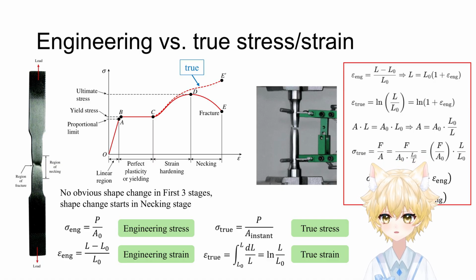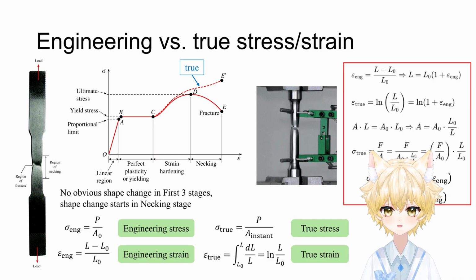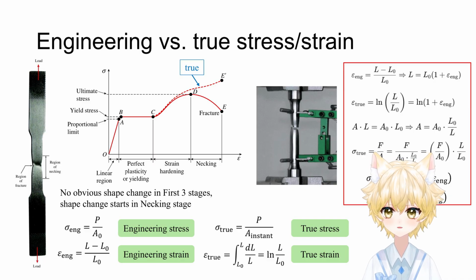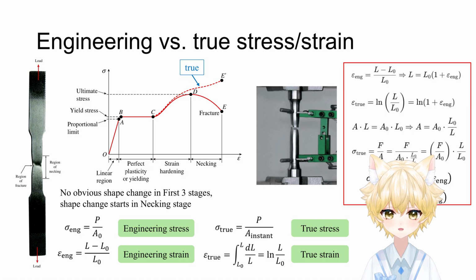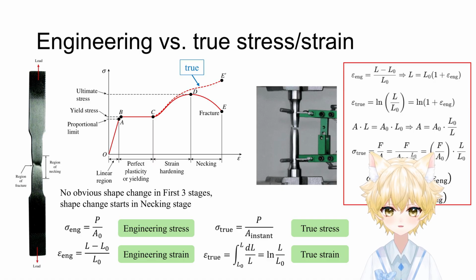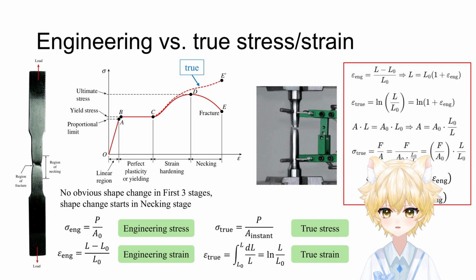This is why we introduce true stress. True stress is defined as the applied force divided by the instantaneous cross-sectional area. Similarly, true strain is defined as the incremental strain accumulated continuously, which leads to a log expression.